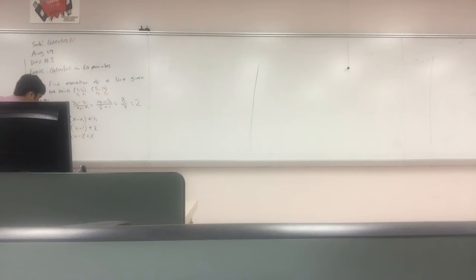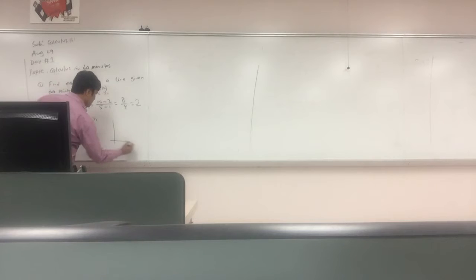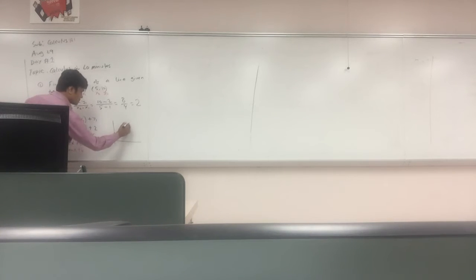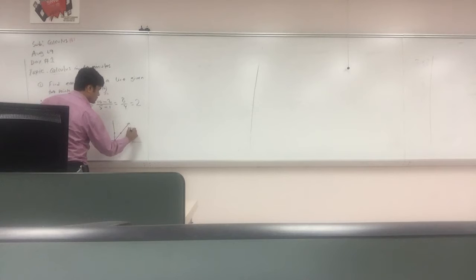The 2s cancel, y is 2x. How can we graph this? Very easy. We write y equals mx plus b. In this case, b is the y-intercept. So the y-intercept is 0. So this is y equals 2x.